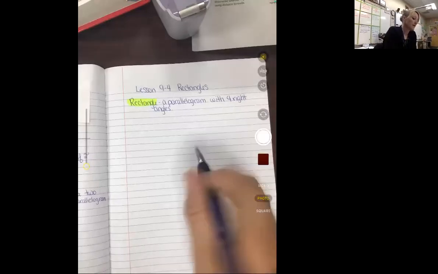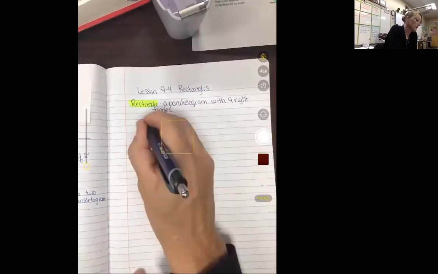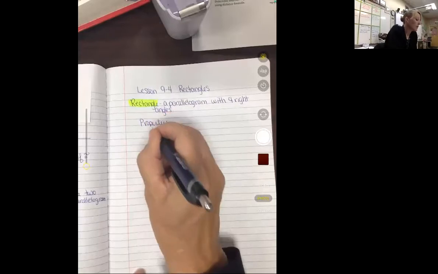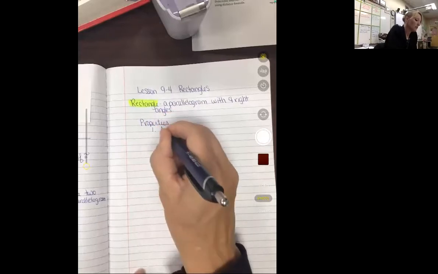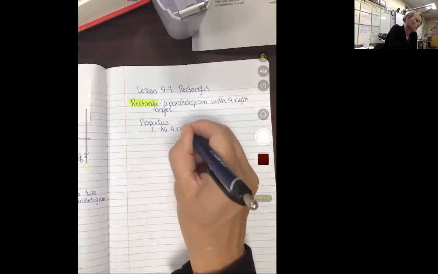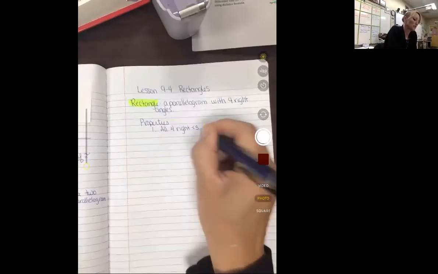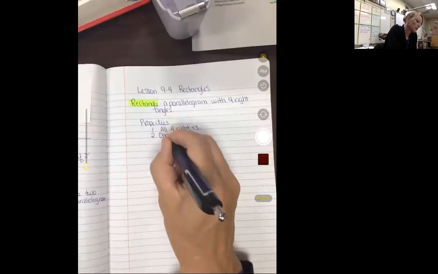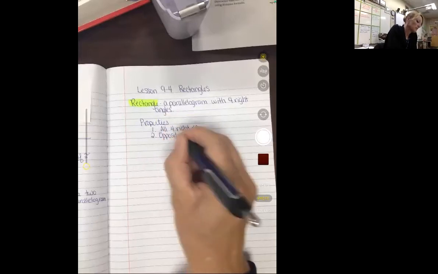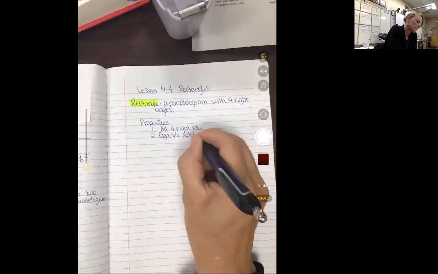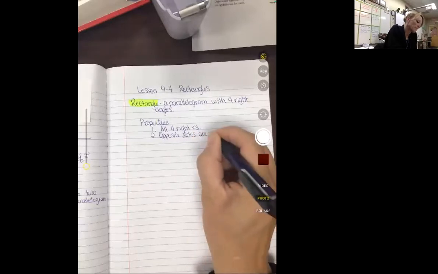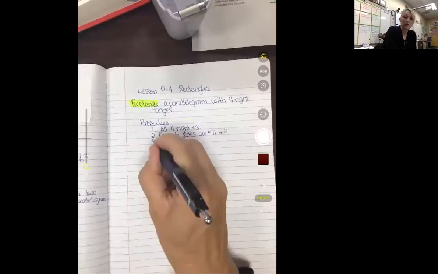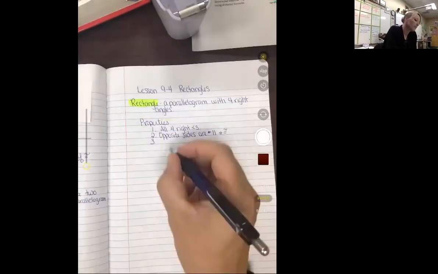So the properties then are going to be all 4 right angles. That one is particular to a rectangle. Opposite sides are parallel and congruent, and we know that because a rectangle is a parallelogram, and that's a property of a parallelogram.